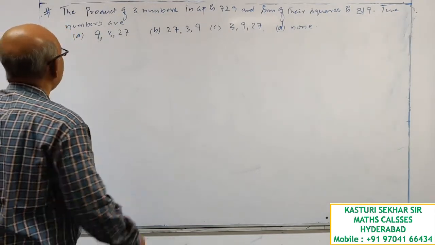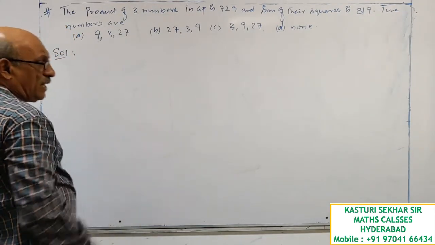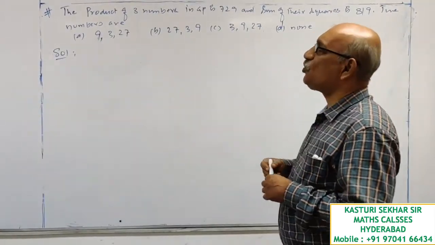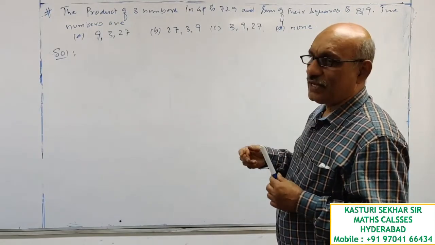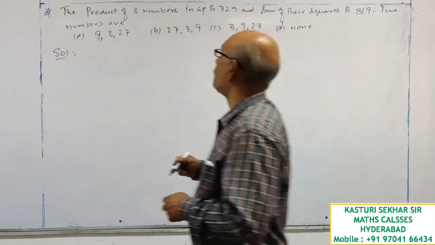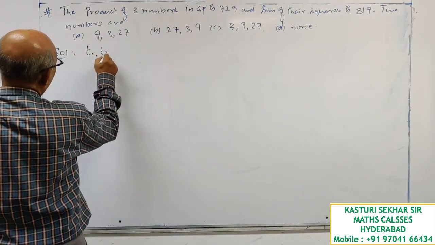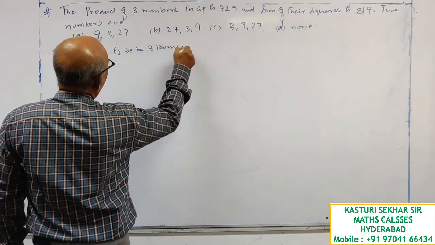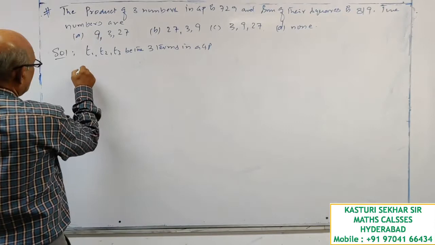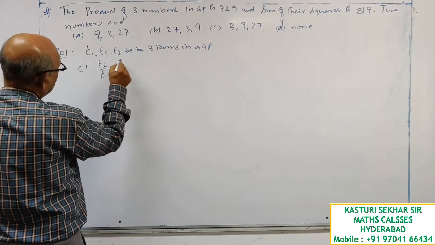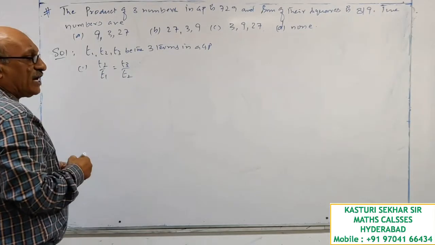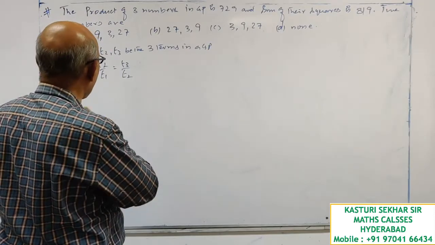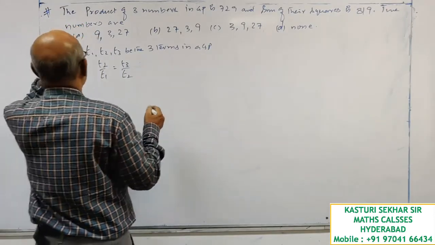Now look at this one. Here options are numerical numbers. Whenever options are numerical numbers, we can verify the given conditions through options. Let T1, T2, T3 be the three terms in a GP. First condition they have to satisfy is common ratio: second term divided by first term should be equal to third term divided by second term.